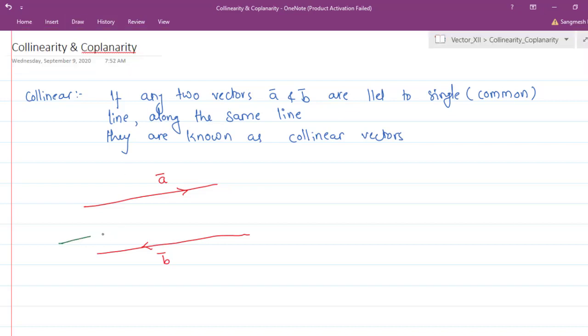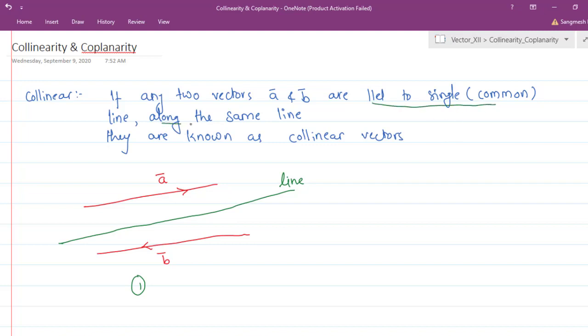Suppose this is a line we have. Whenever these two vectors or any n number of vectors are parallel to the same line, then these vectors are known as collinear vectors. This is statement number 1, parallel to a single common line.